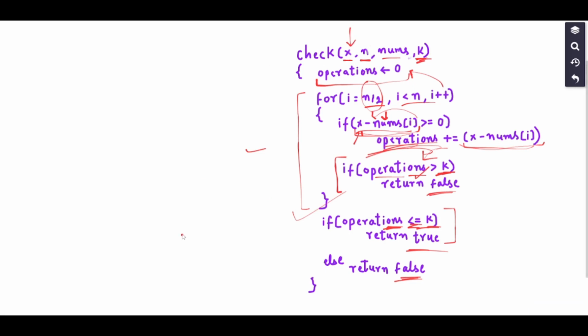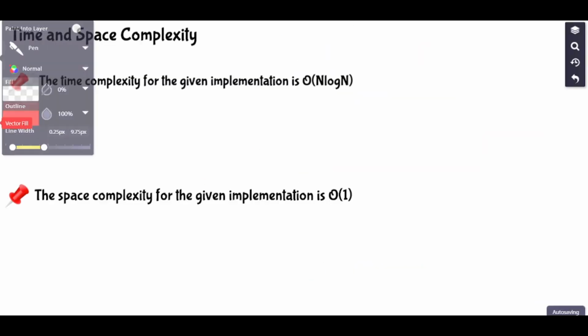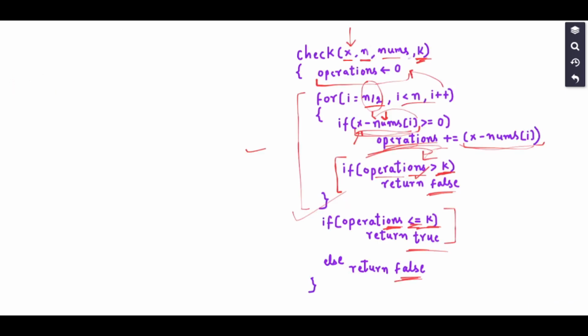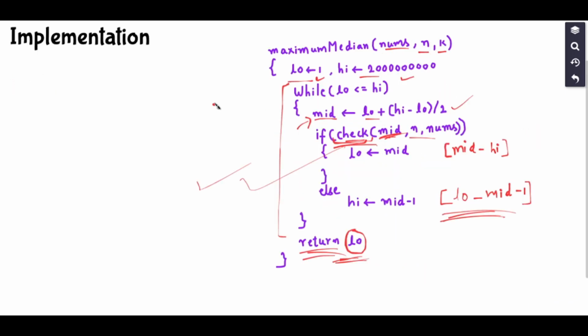Let's discuss the time and space complexity. The time complexity for the given implementation is n log n. Why? Because performing the binary search takes log N time complexity, where this capital N is not the same as this small n.